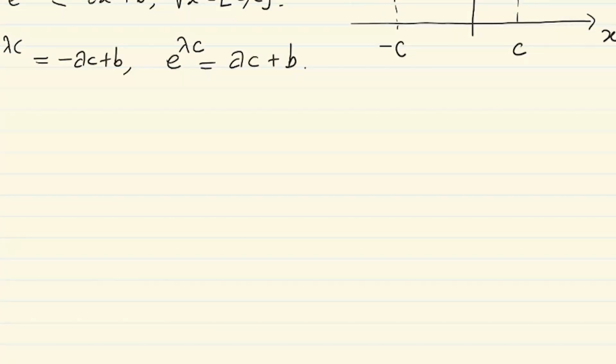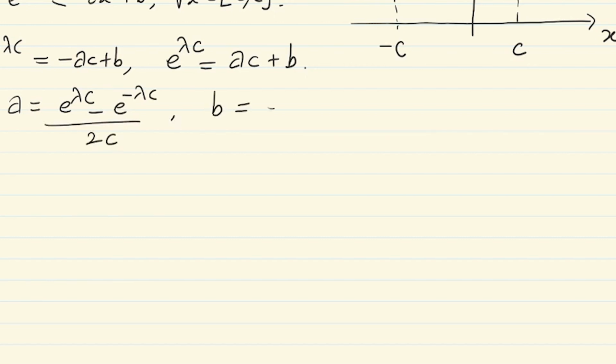So this gives you a equal to (e to the lambda c minus e to the minus lambda c) by 2c, and b equal to (e to the lambda c plus e to the minus lambda c) by 2. We will not really require the a for future use, we will just require the b. So just keep this b in mind. This is how you get a linear approximation to an exponential.